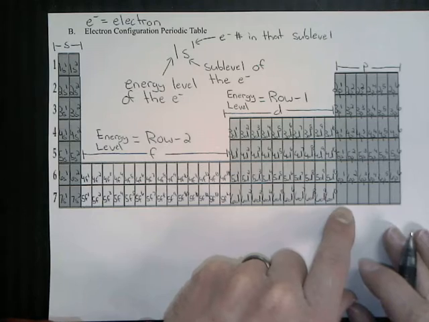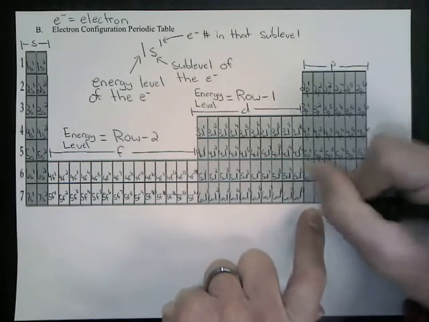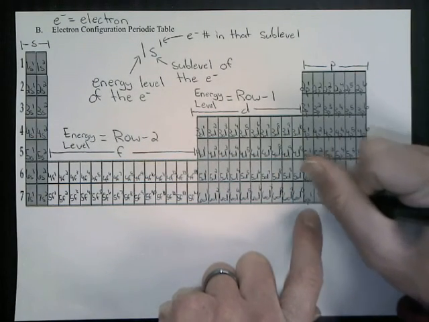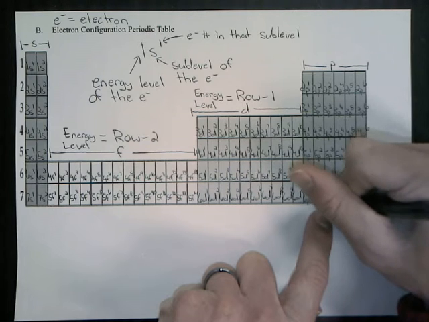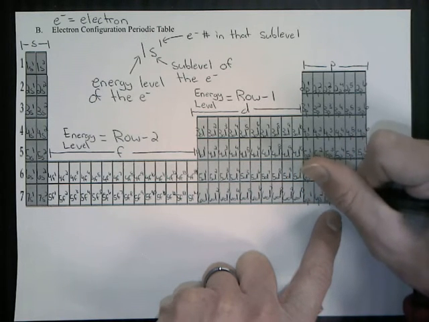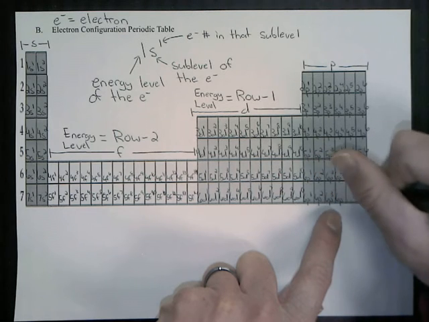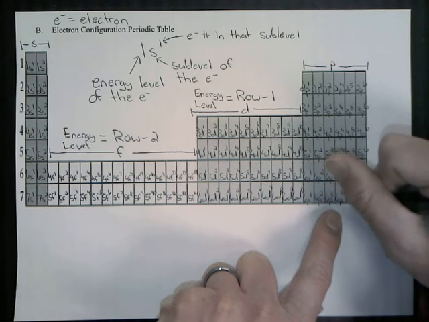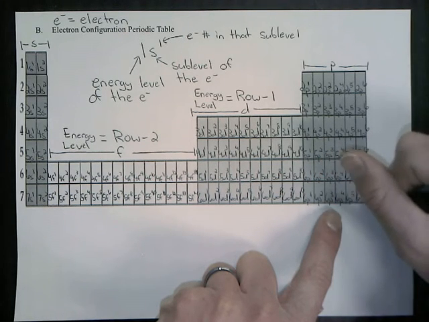And then our row becomes our energy level here in our final block. So we'd start out here with 7P1 all the way to 7P6.